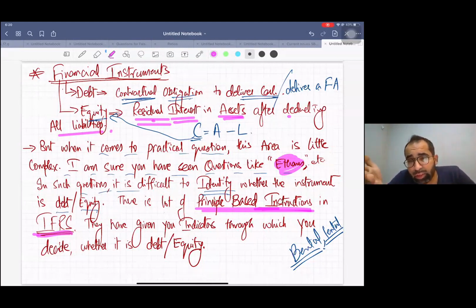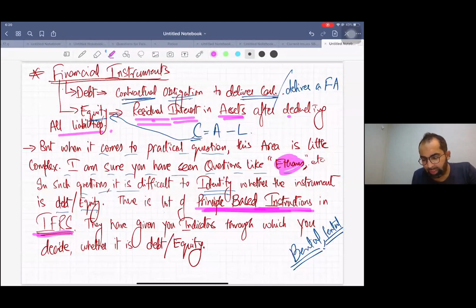Whenever you get a question in your SBR paper, you select the points, you start collecting the evidence, and if the major evidence goes with liability, you write liability in the conclusion, and if the major points go towards equity, you go for equity, right? So IFRS is much more principle-based, whereas US GAAP is rule-based. That's why I use the words: there is a lot of principle-based instruction in IFRS.